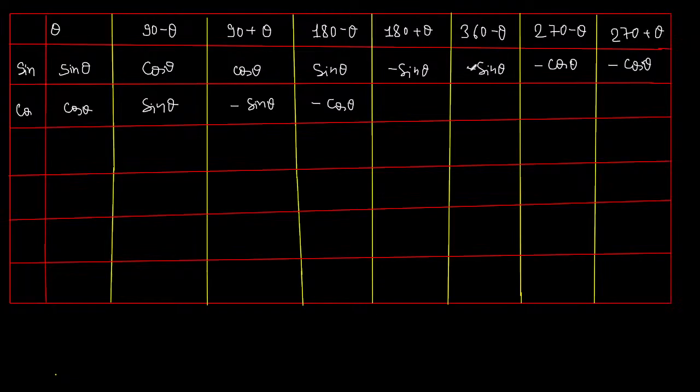Angles are same, but the signs are different. Cos 270 minus theta is what? Cos 180 plus 90 minus theta, which is minus sine.